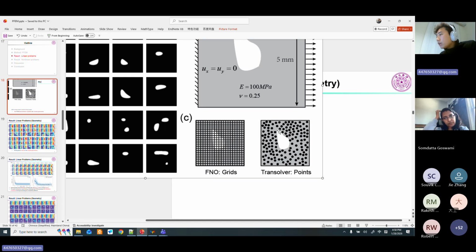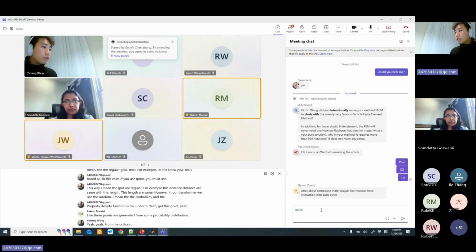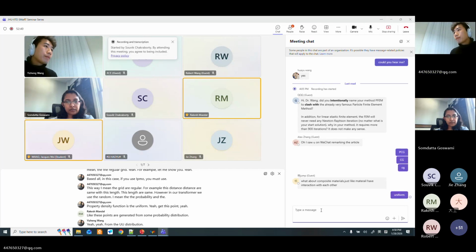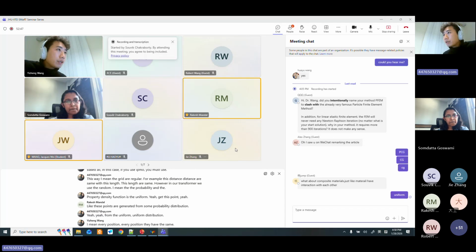However, in our Transolver, we use random points, where the probability density function is uniform. Okay, so these points are generated from a uniform distribution. I mean, every position has the same probability density.